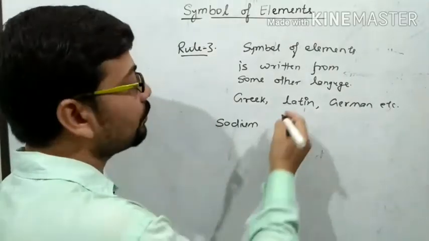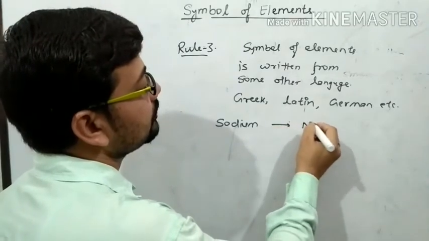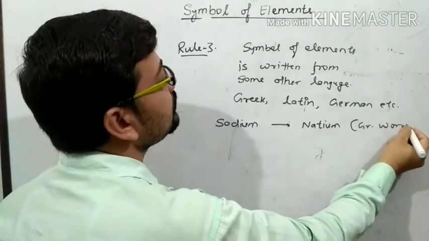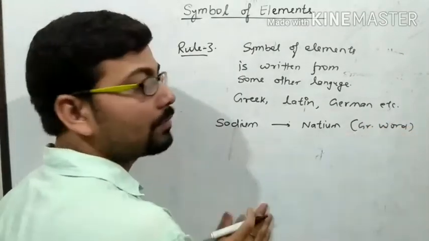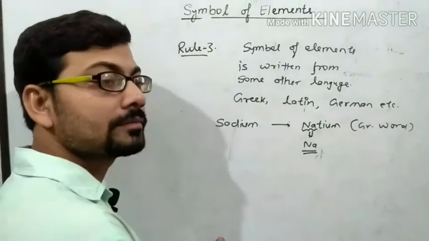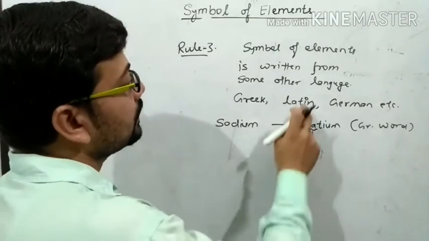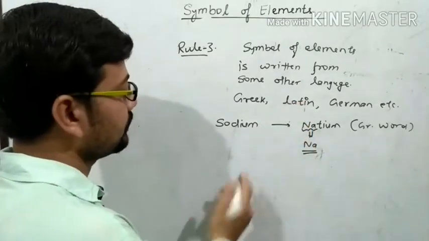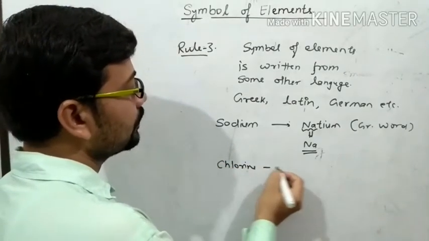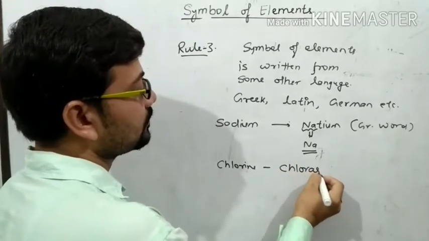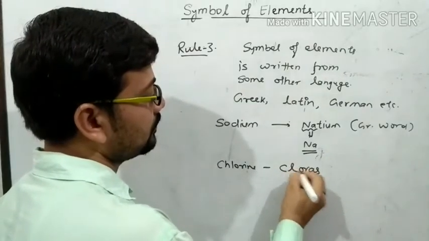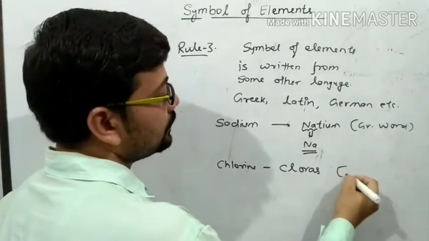sodium is called Natrium in the Greek word. That is a Greek word. So from the Greek word the symbol is Na. Now in the case of a Latin word, that is chlorine. Chlorine is called Chlorus, and this is a Latin word.